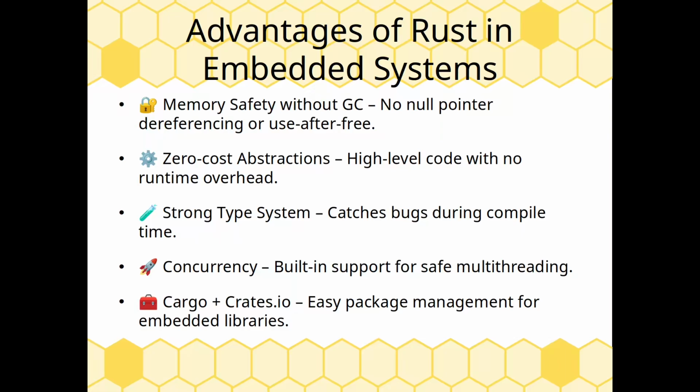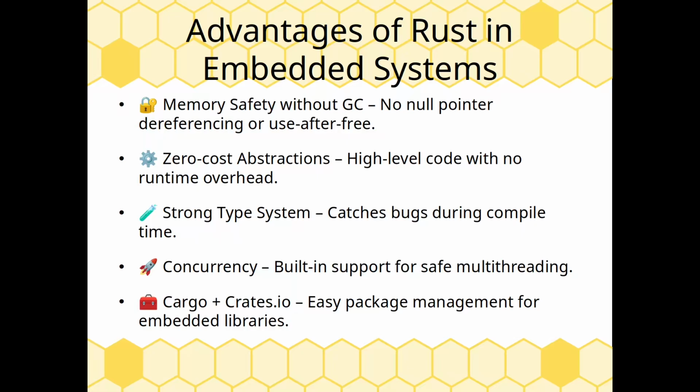So we can directly use it, and it gives the same performance as C. It has a strong type system, and because of that it catches bugs easily, and there won't be any issues with bugs at runtime, and everything will be caught at compile time itself.